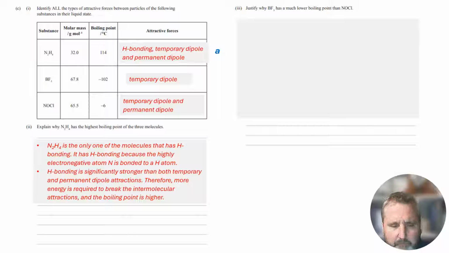Okay, so that is a really important statement. So here, by identifying and explaining that this is hydrogen bonding and why, that is an achieved point, and then saying about this extra energy required to break intermolecular attractions, that's going to get you the merit point.